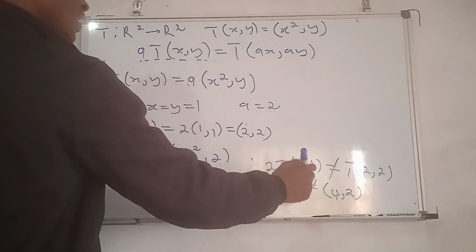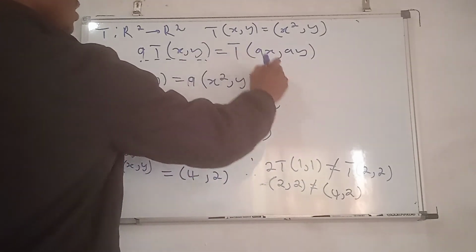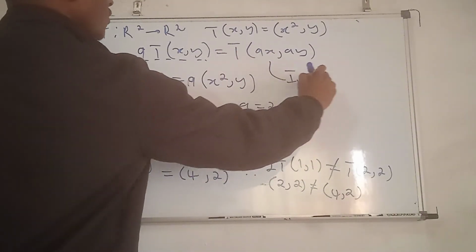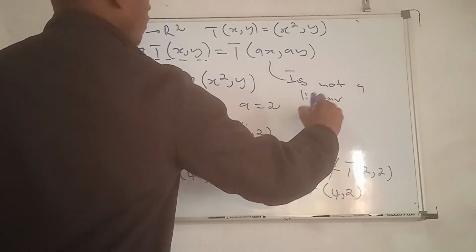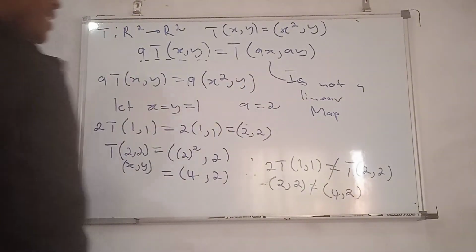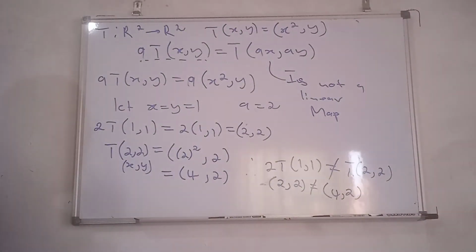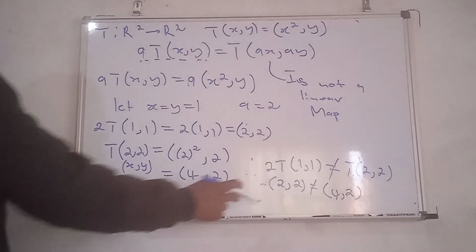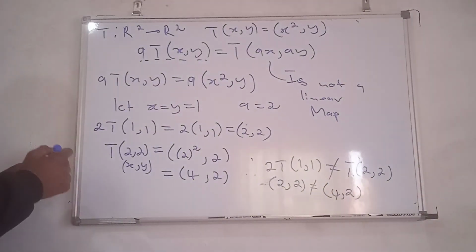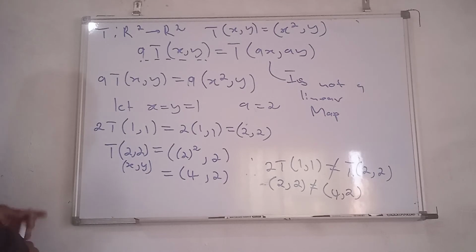Therefore, since this condition is not met, it's not a linear map. Just like the first problem that we did of this type, since it doesn't meet condition number 2, it cannot be a linear map.